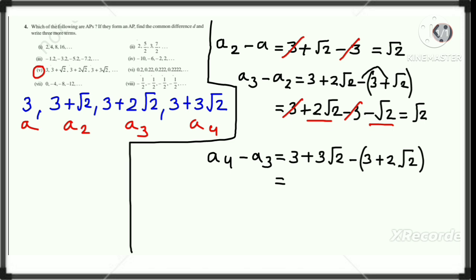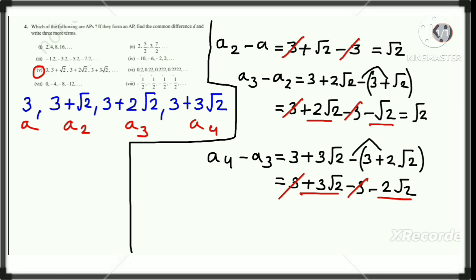Now 3 plus 3 root over 2 minus 3, and minus into plus minus 2 root over 2, and here firstly minus 3 and this plus 3 can be cancelled out, and here is 3 root 2 and here is 2 root 2.